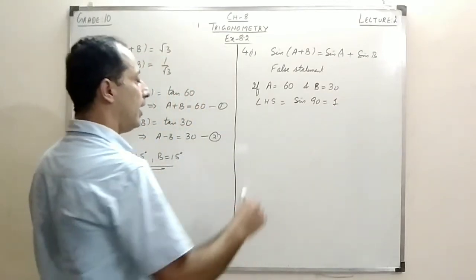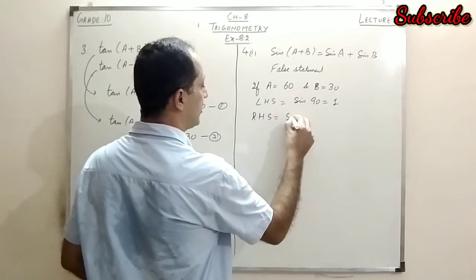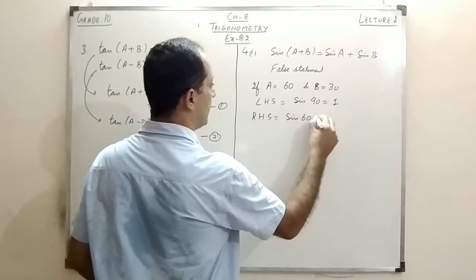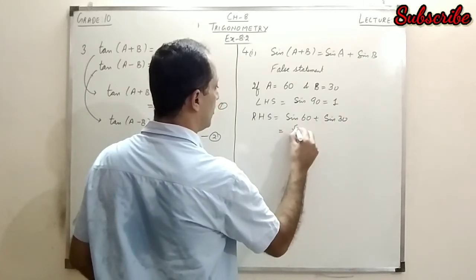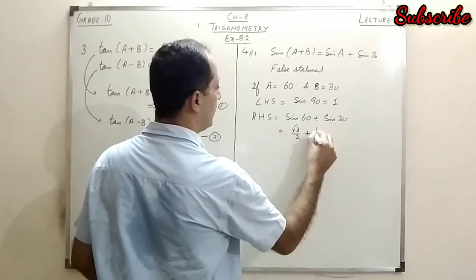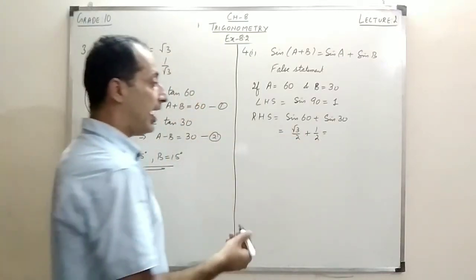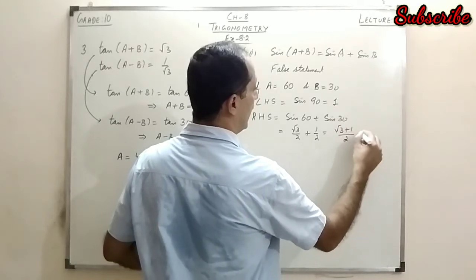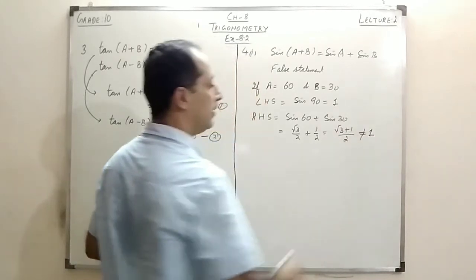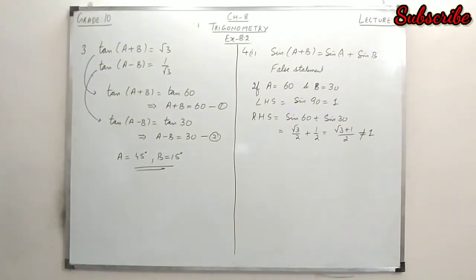But on the RHS, the right hand side, I have sin 60 plus sin 30. Now sin 60 is root 3 by 2 and sin 30 is 1 by 2. If I add these two, I'll get (root 3 plus 1) upon 2, and this is not equal to 1. So this is the reason why this statement is false.